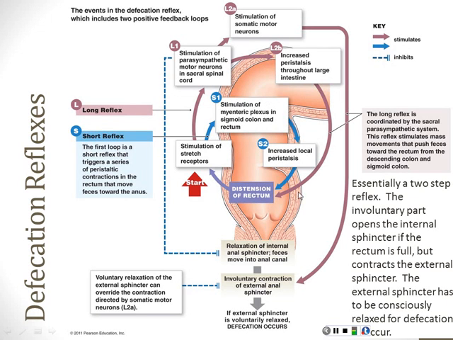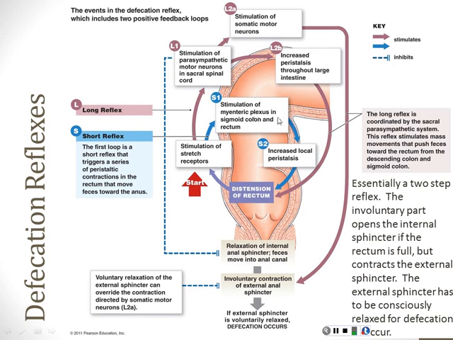Because what we don't want, the organism wants to control the when and where of defecation for lots of reasons out there in the wild. So we need to have a process to allow the defecation to occur, but control the when and where. So we have this short reflex and the long reflex.